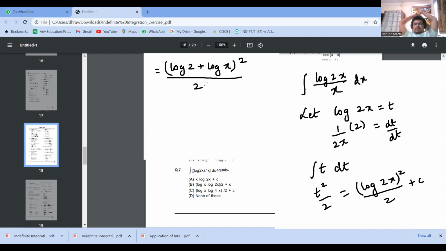How are they getting log 4? Should be none of these.